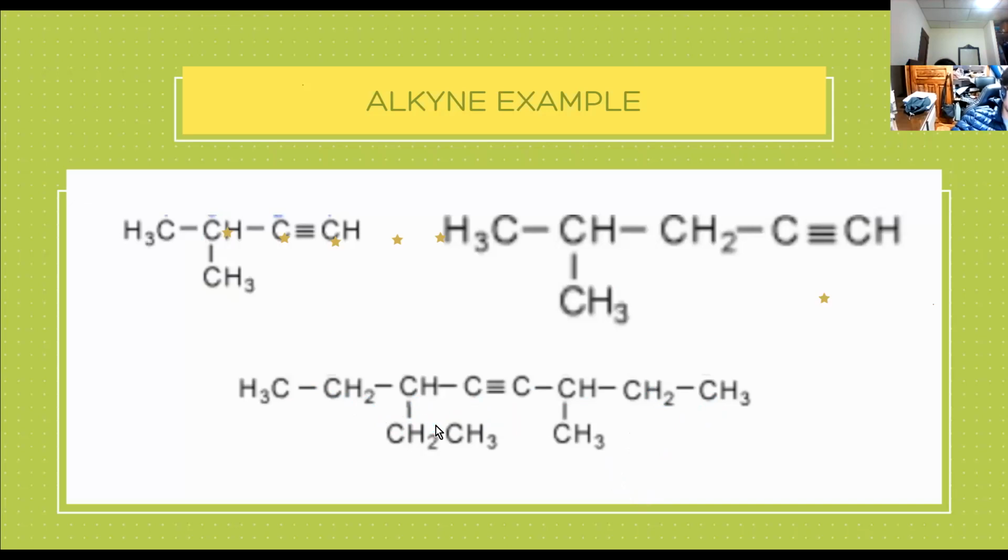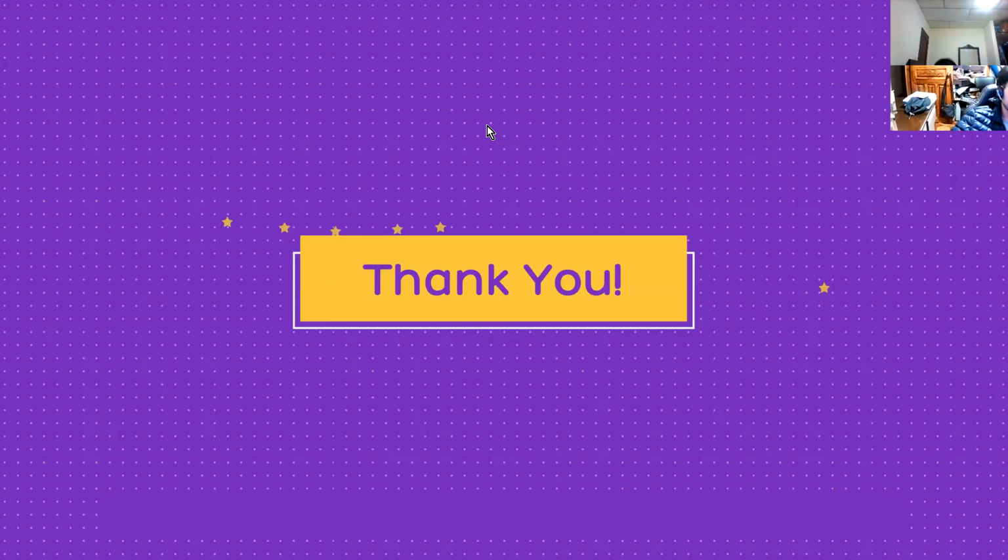And then the ethyl, because there are 2 carbons, is in the number 3. The result is 3-ethyl-6-methyl-4-octene. Thanks for your attention.